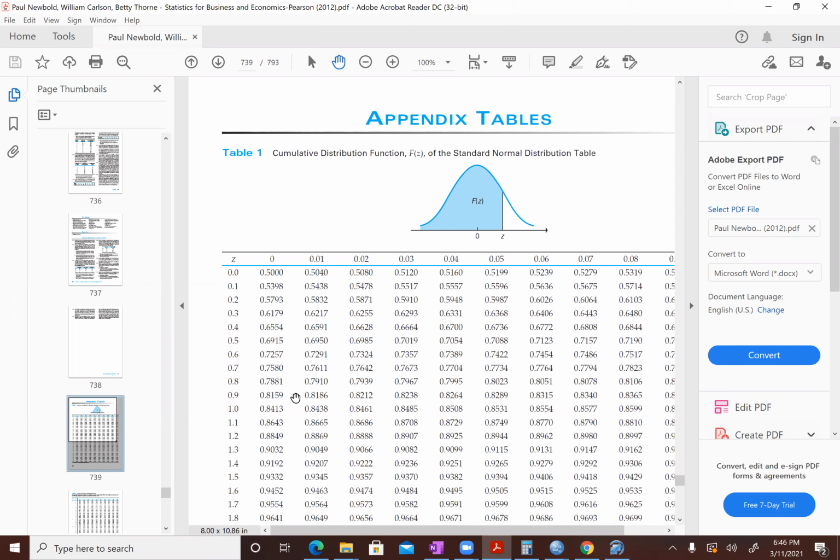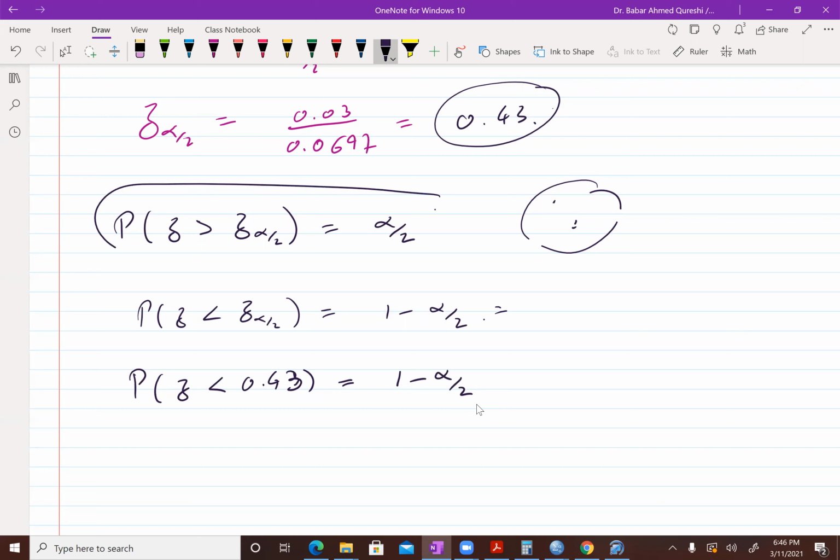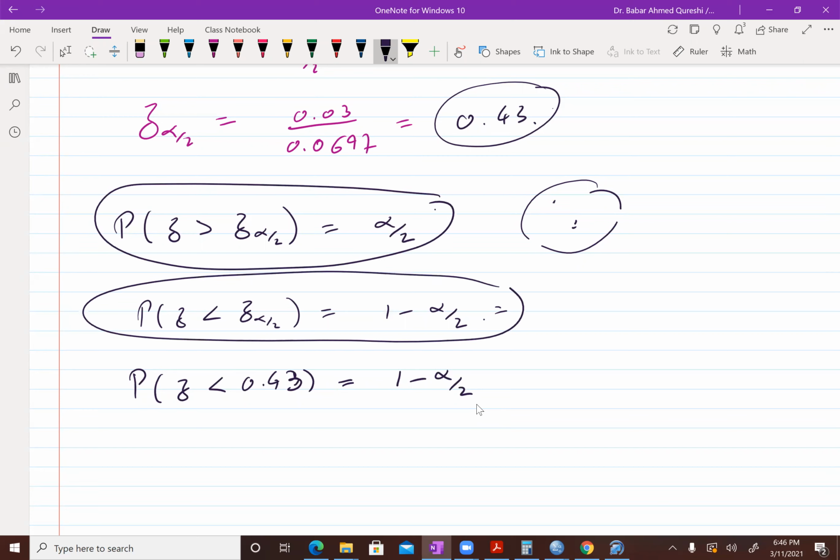So you want over here P(Z less than Z alpha by 2), you have computed 0.43. And you know that by definition, it's 1 minus alpha by 2, because that's the definition. So this is equal to alpha by 2. So then this is equal to this, and this is equal to this.